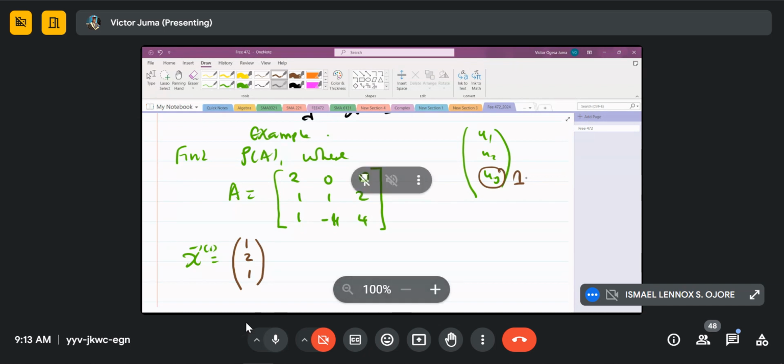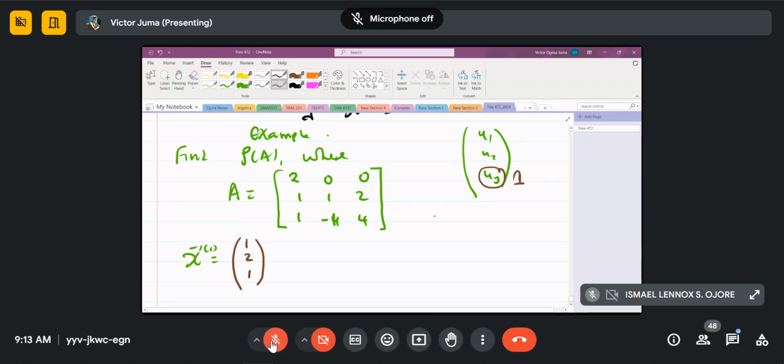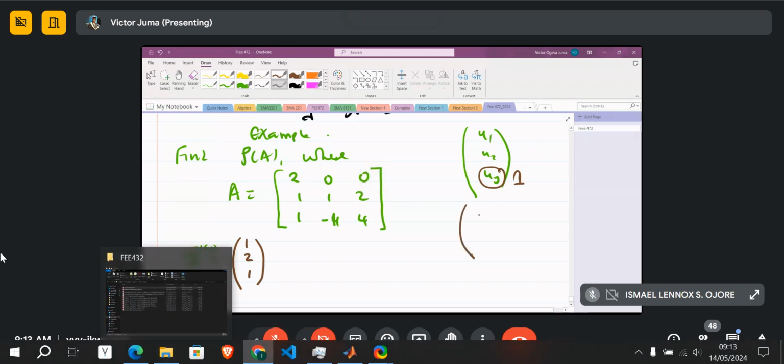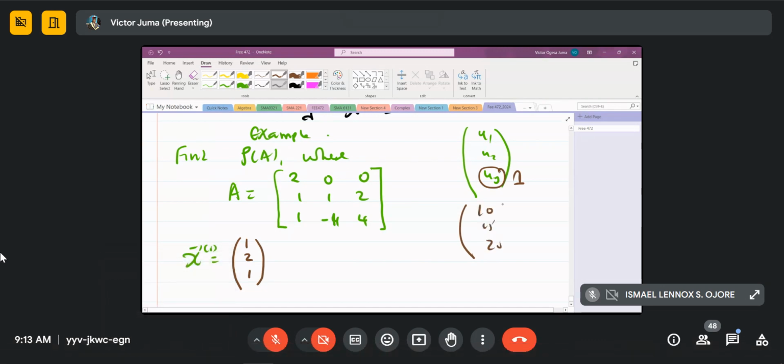Assuming I multiply and get another vector like 10, 15, 20, and I was normalizing x3, I have to divide by 20 so that this is 1. So this can be written as 20 times 10 over 20, 15 over 20, and 1. That's what I mean by normalize.